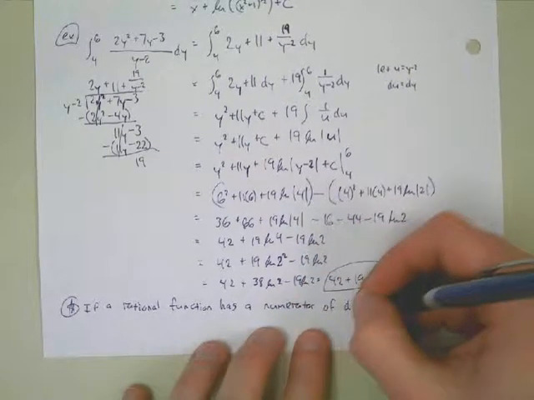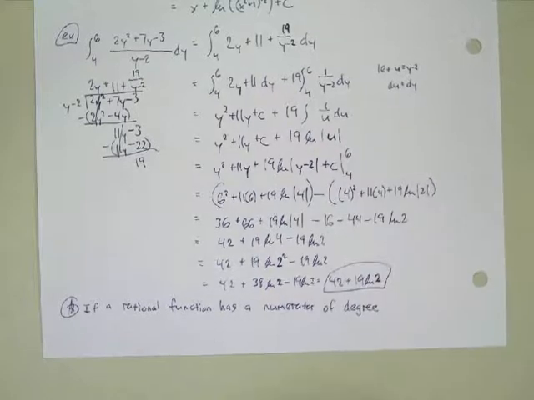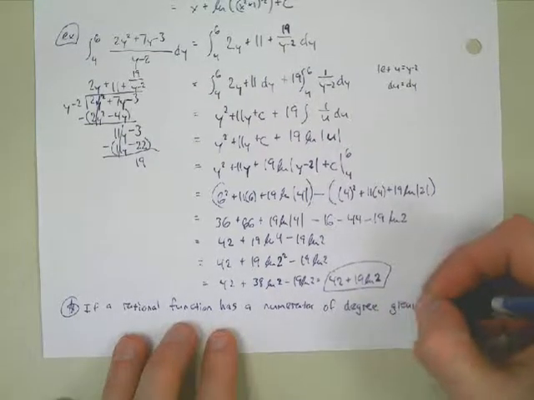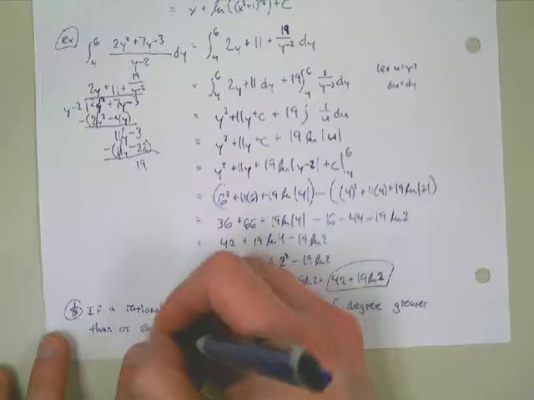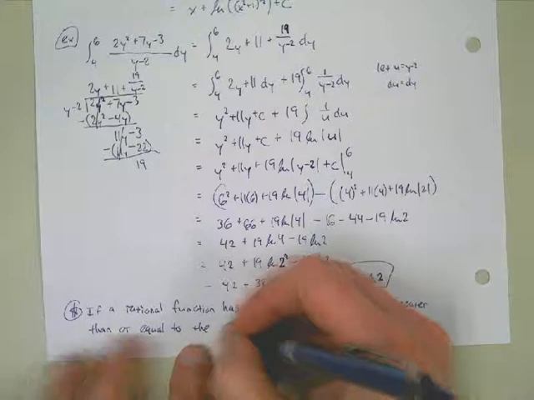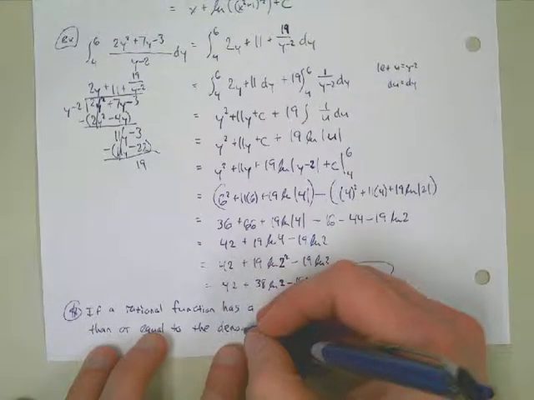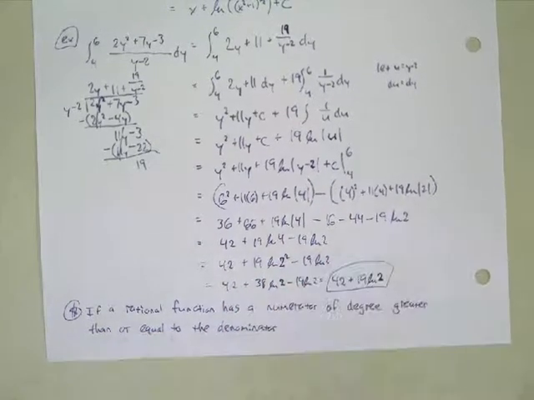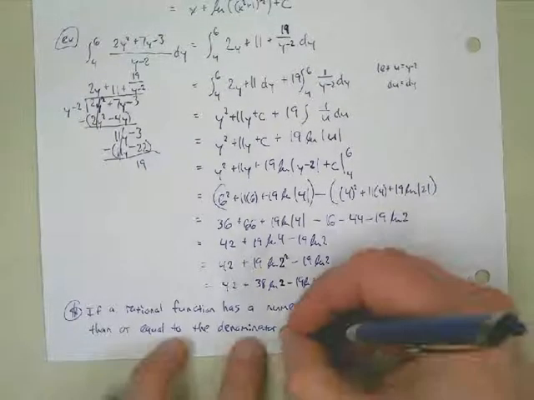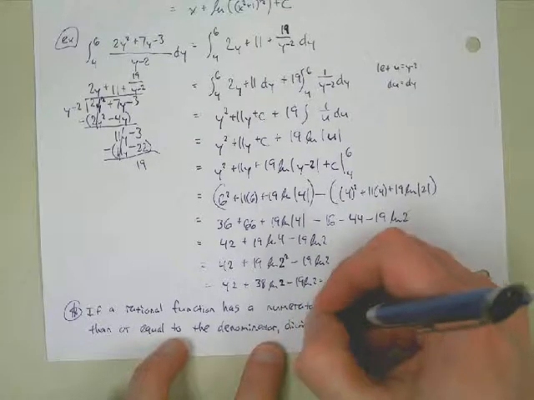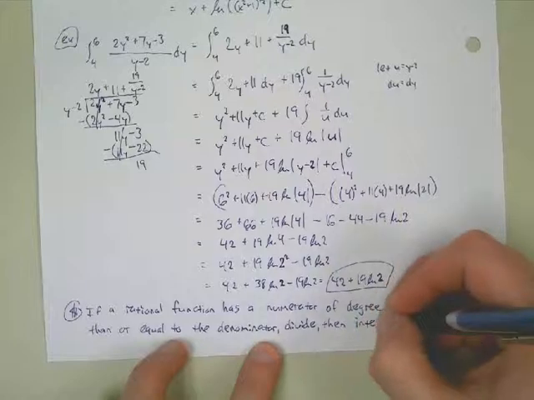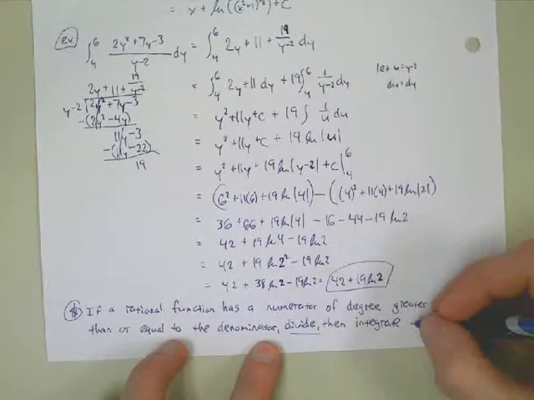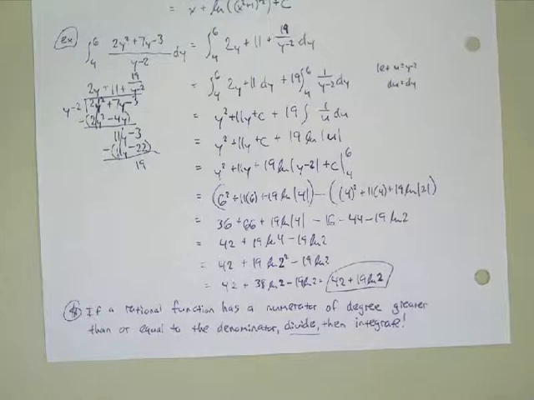If a rational function has a numerator of degree greater than or equal to the denominator, divide, then integrate. Okay? So you might have to simplify it that way.